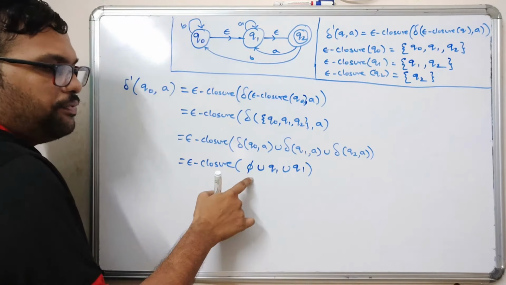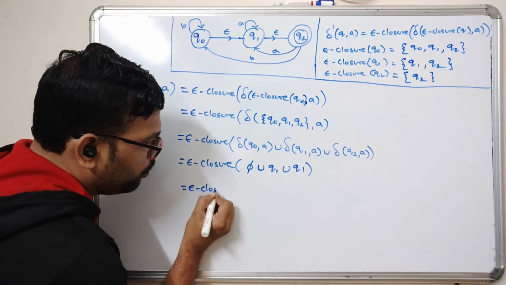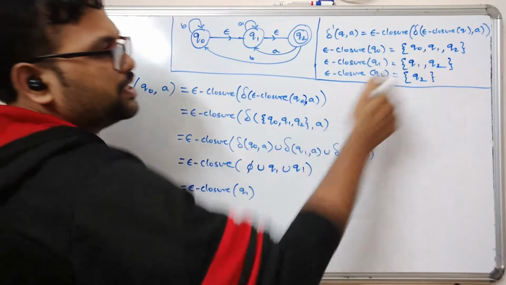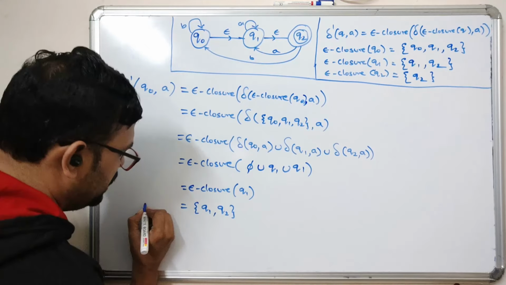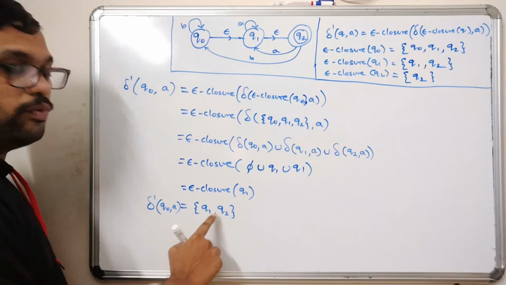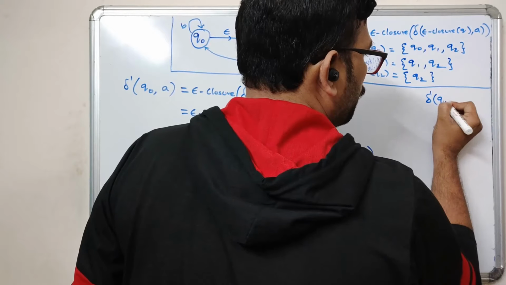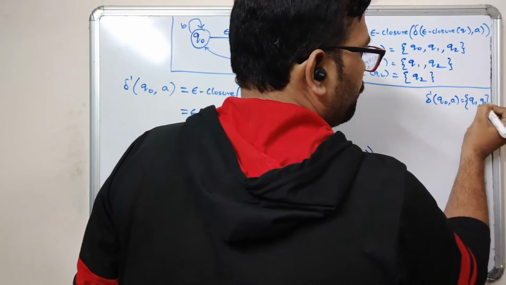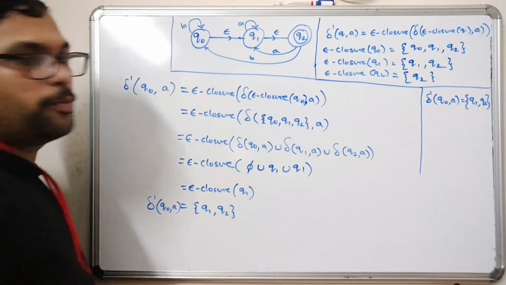So phi union q1 union q1 implies epsilon closure of q1, which is q1, q2. So delta dash of q0 with a is equal to q1, q2. Just remember this one. I will write down here delta dash of q0 comma a is equal to q1, q2. Hope you understood this one.